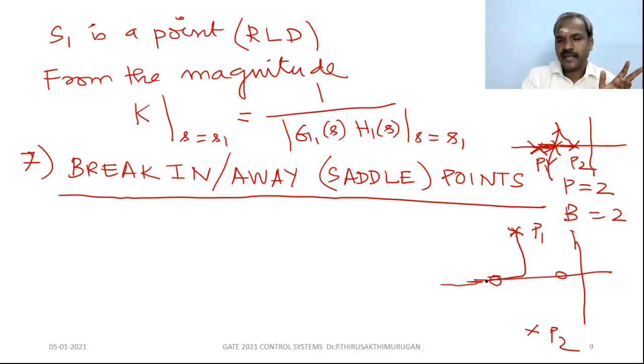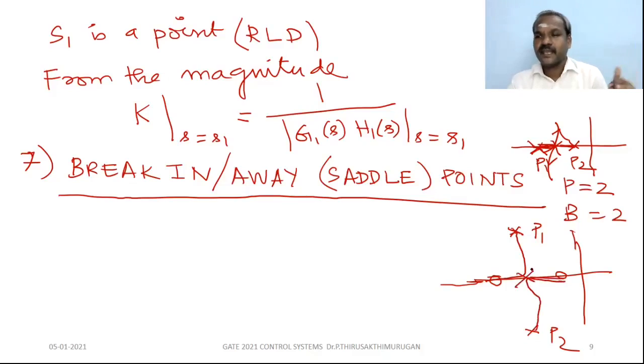This is called the break-in point. So this branch moves from here and meets this branch, and this meeting point is called the break-in point. So breakaway or break-in points exist when there are multiple routes on the root locus diagram.